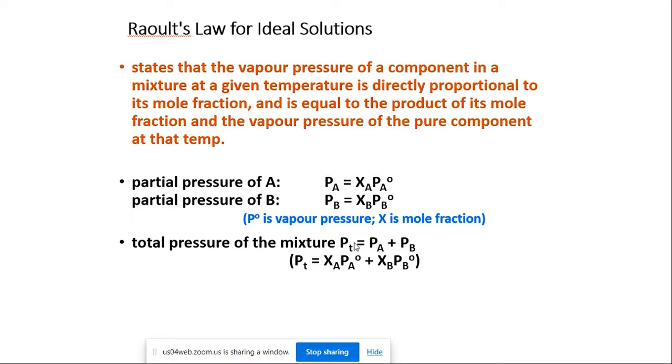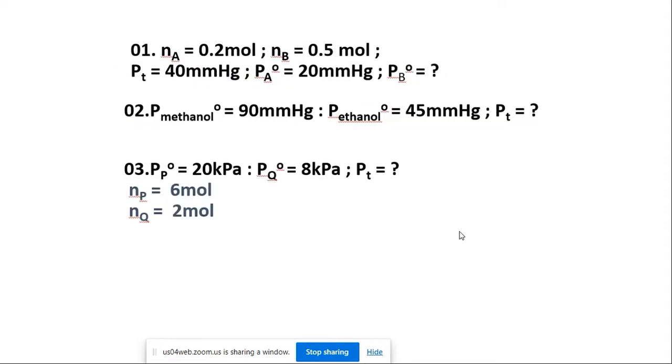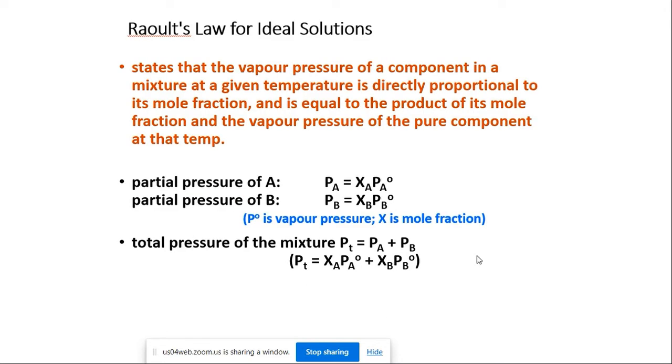So the total pressure of the mixture, you can find: Pt equals Pa plus Pb. Then you can apply this here: Xa Pa naught plus Xb Pb naught, right? To identify a small example here, I have added 3 examples. I'll give you 1 minute to find the answer by using this equation.